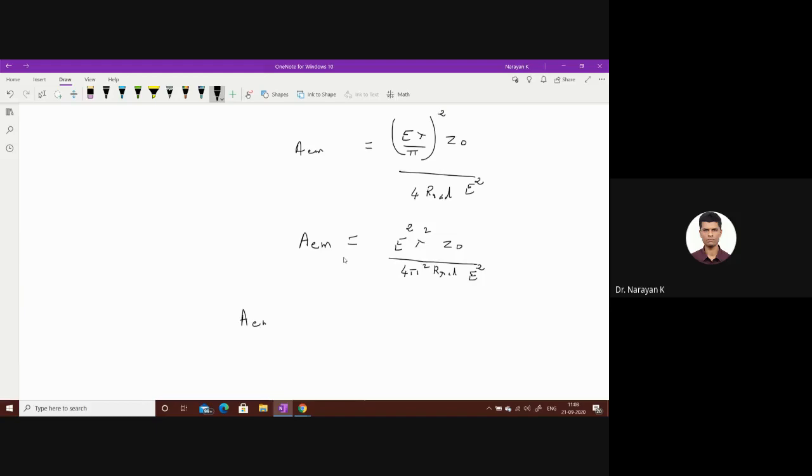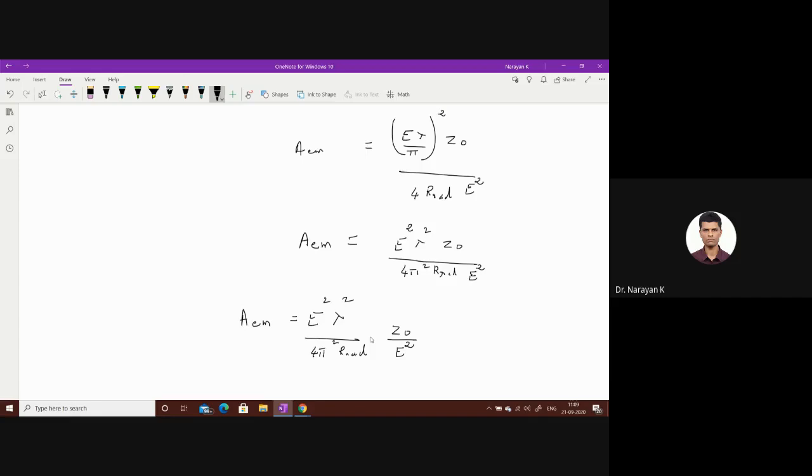So I can rewrite this later. So what we are having right now is E square lambda square divided by 4 pi square radiation resistance into Z naught by E square.